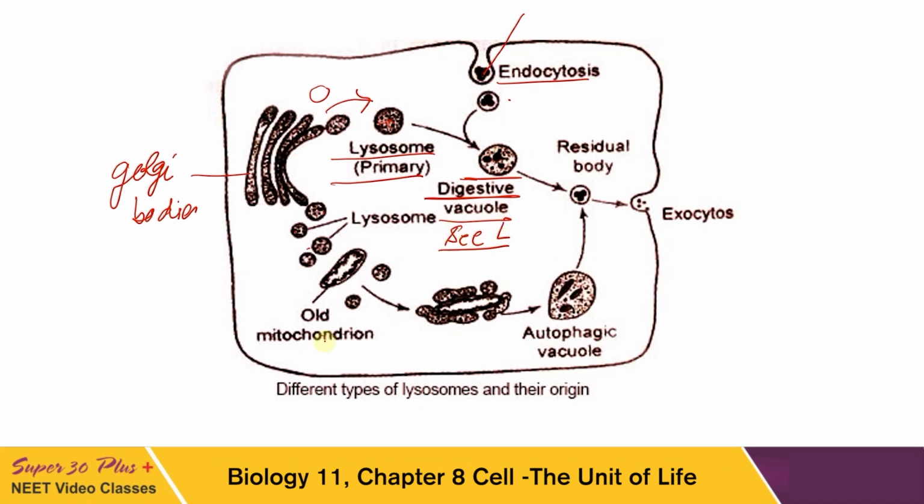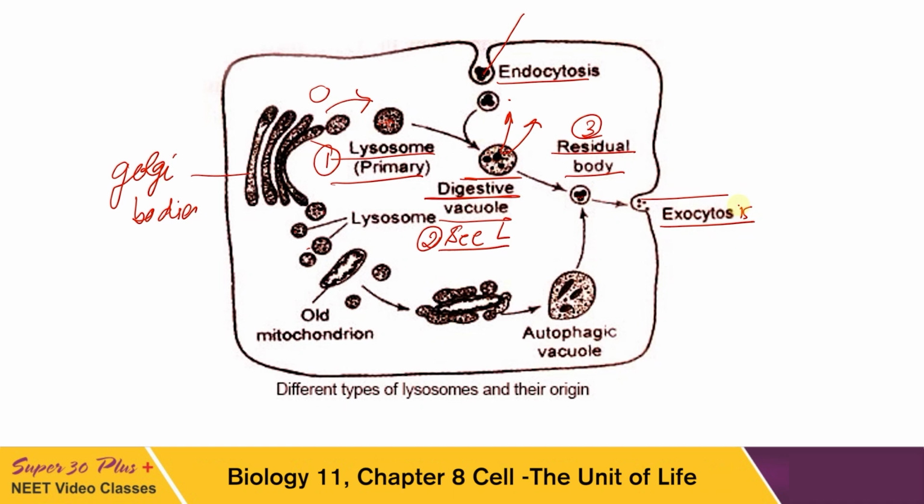The digested food will diffuse out inside the cell, and the undigested food which is left is known as the residual lysosome or residual body. So number 1 is the primary lysosome, number 2 is the secondary lysosome, and the third one has undigested food inside, which will be thrown outside by exocytosis.